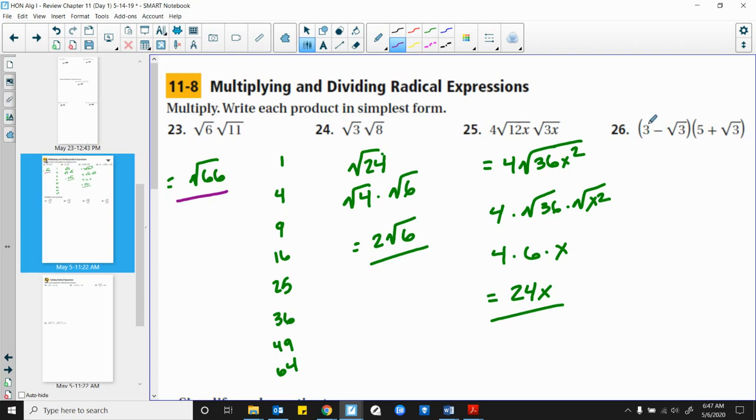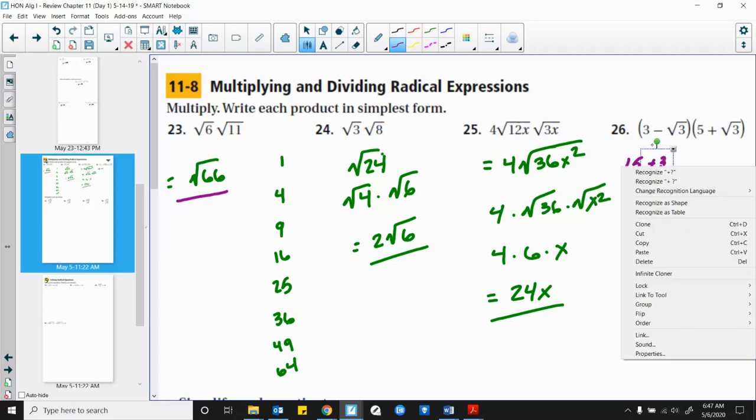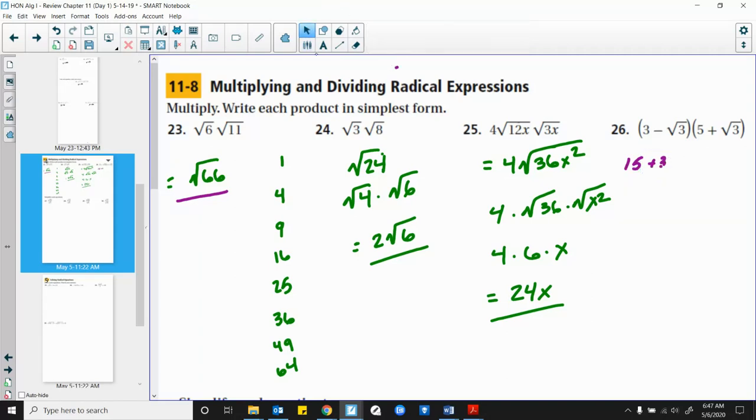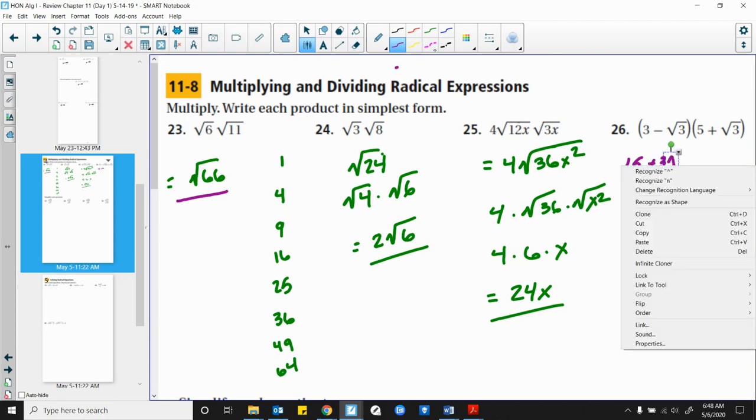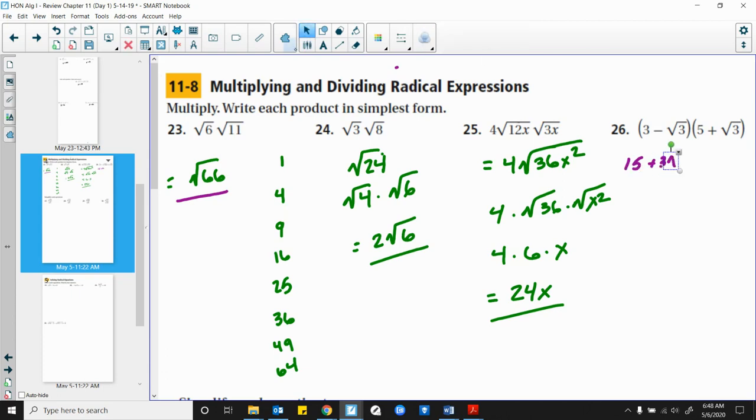And we FOIL just how we have before. 3 times 5 gets me 15. 3 times radical 3 gets me plus 3 radical 3. I keep pushing that button.